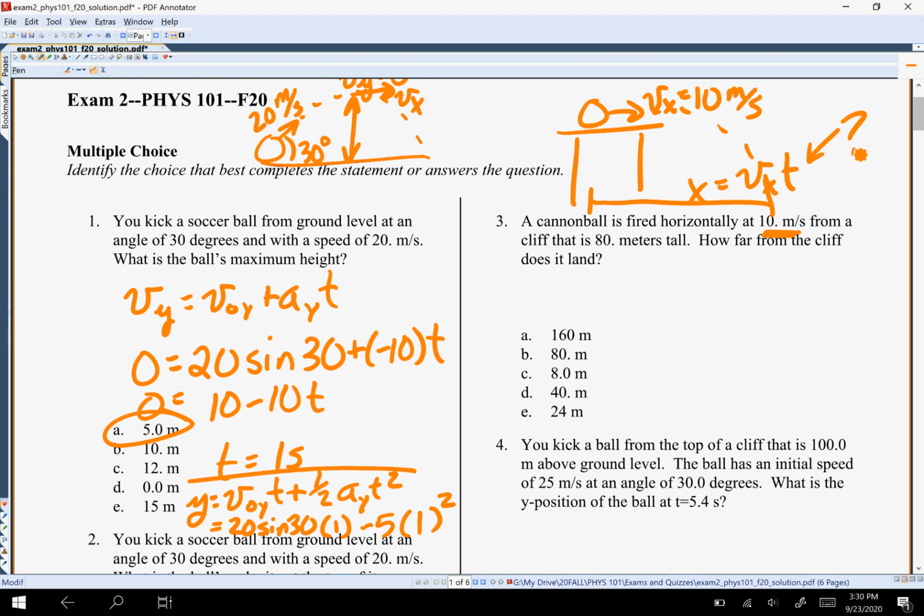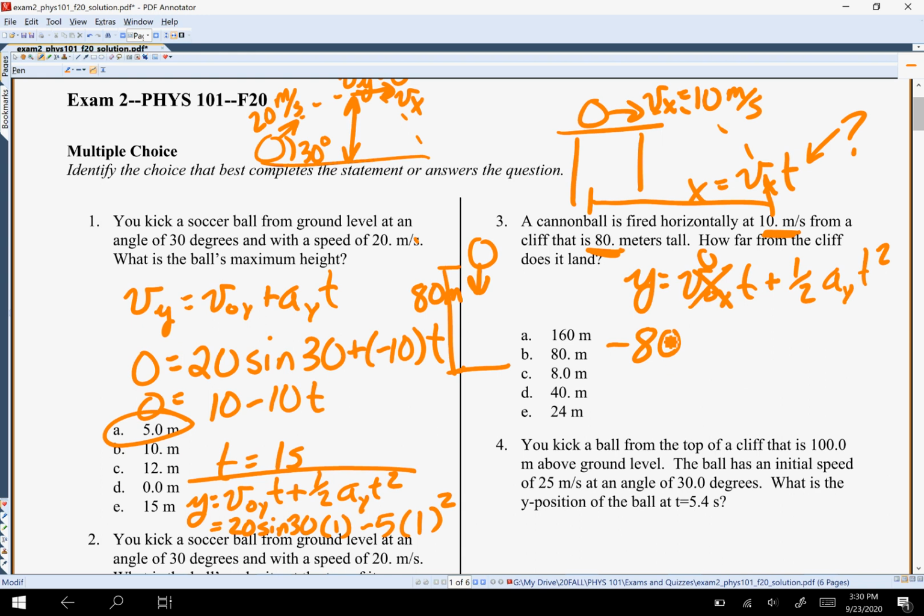In order to find t, this is where I'm going to start. I know that this thing is dropping from 80 meters, so it's really just asking how long does it take to drop a distance of 80 meters. So I say y is equal to V naught y times t plus 1/2 Ay t squared. V naught y is 0, so that term goes away.